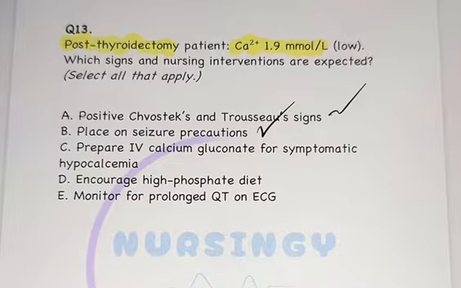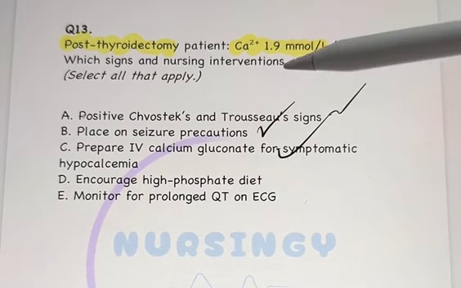Prepare IV calcium gluconate for symptomatic hypocalcemia. What about C, guys? Yes, okay, so we can give calcium gluconate. If we are having symptomatic hypocalcemia, definitely we can give calcium chloride or calcium gluconate, depending upon how other electrolytes are doing.